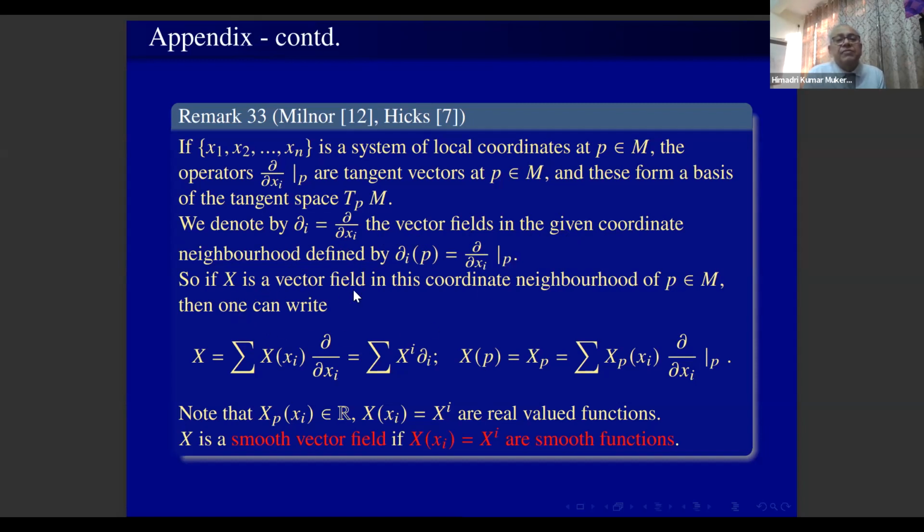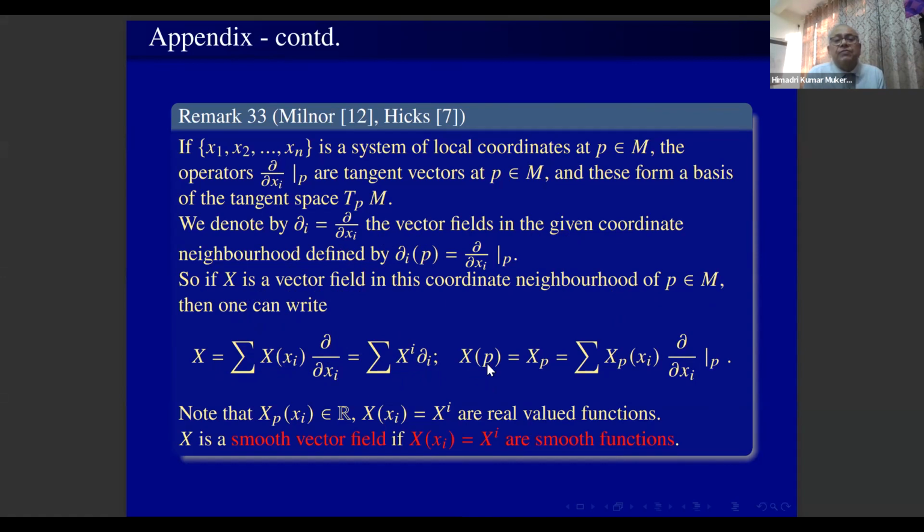So if X is a vector field in this coordinate neighborhood of p, one can write X as X(xi) del by del xi, or in this notation X(xi) delta_i.